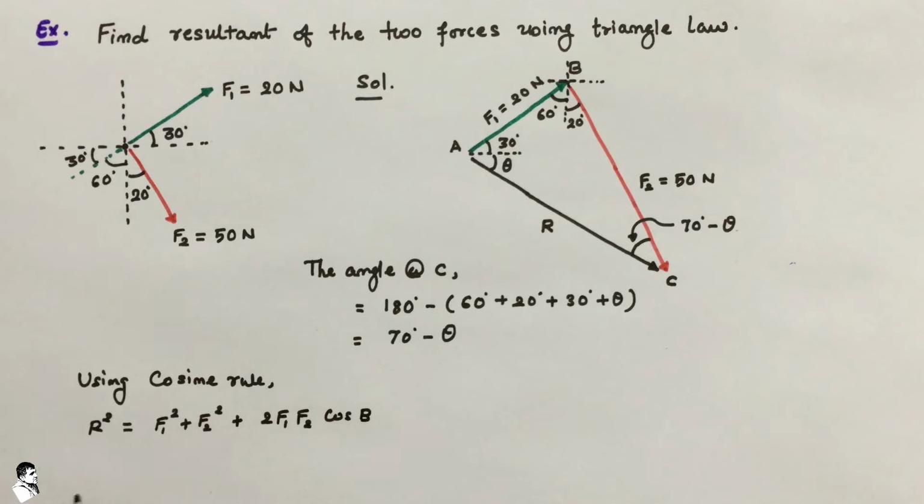Now by modifying this equation, we can write cos beta is equal to f1 square plus f2 square minus r square, and that whole divided by 2 f1 f2.